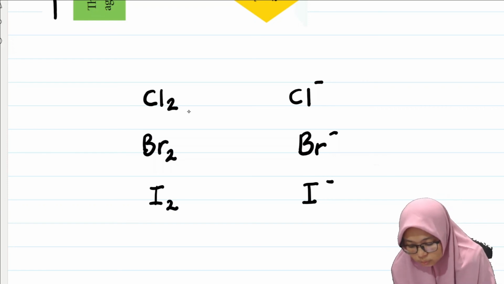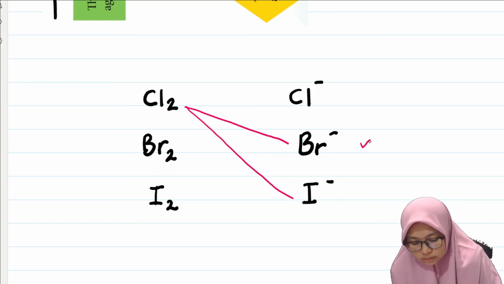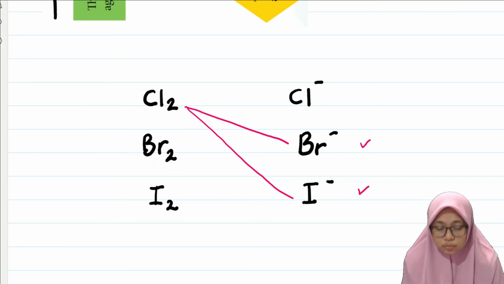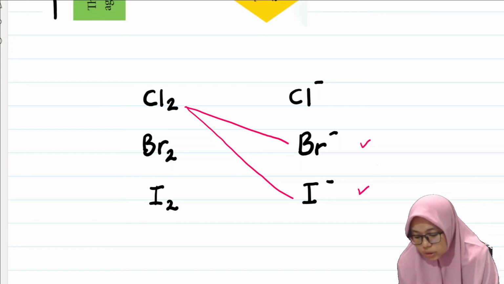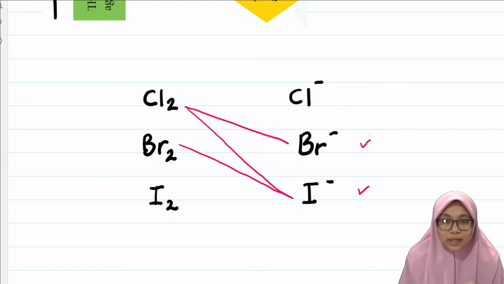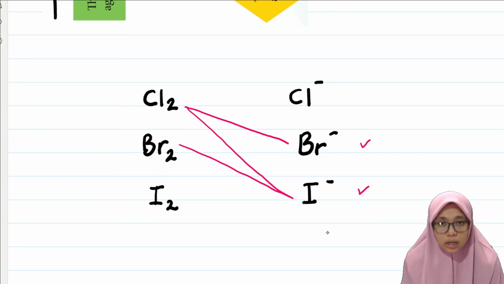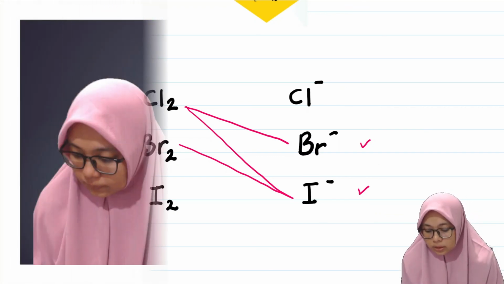So these two reactions will definitely happen. Chlorine can displace bromine and iodine from its halide solution. Bromine can only displace iodine from its halide solution because bromine is more reactive than iodine.